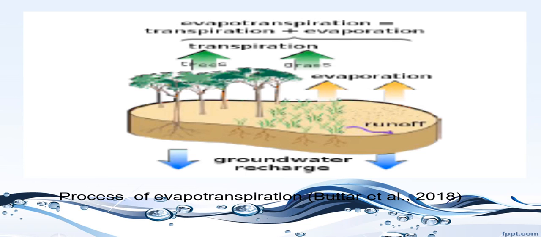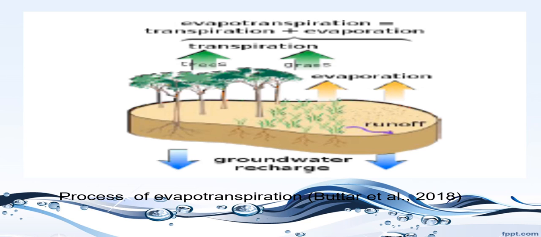Processes of evapotranspiration can be illustrated with the diagram on the screen. You have transpiration from trees and also transpiration from grass, and evaporation from the soil, as well as evaporation from water bodies on the earth's surface.